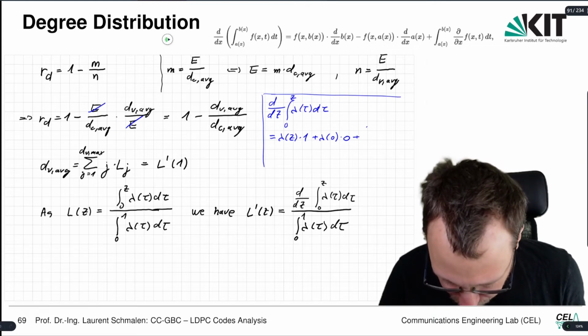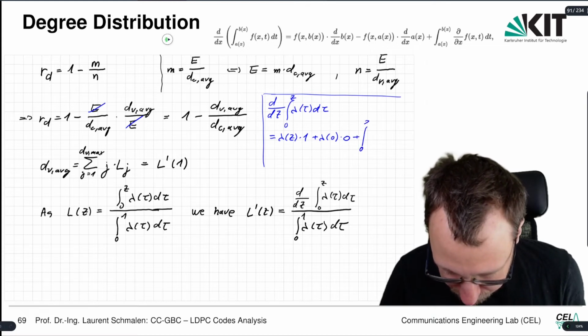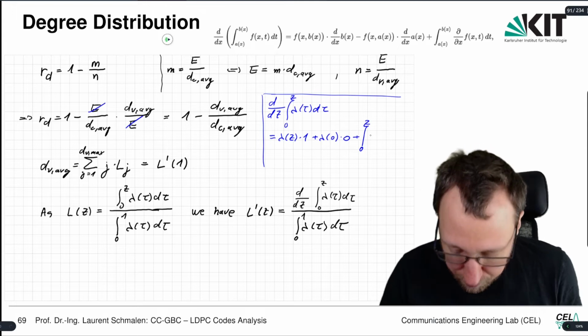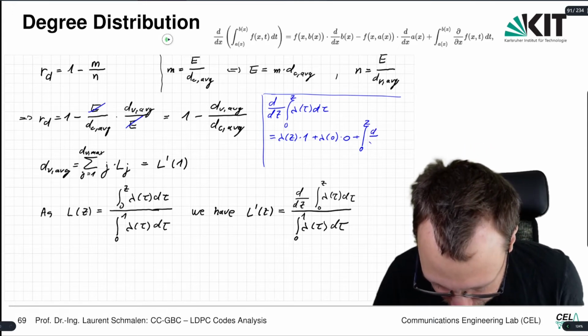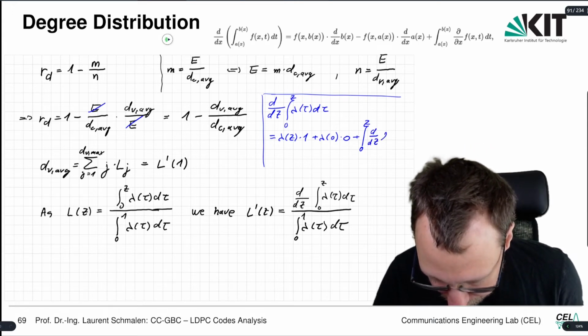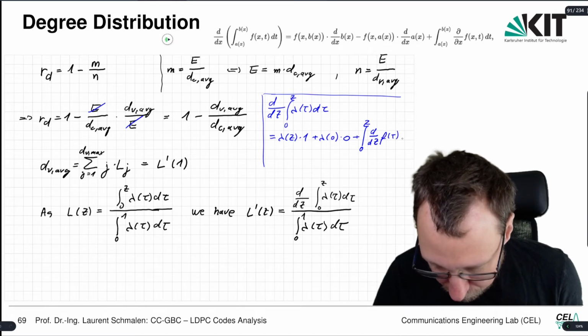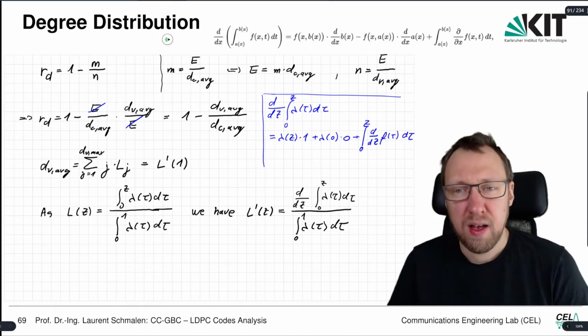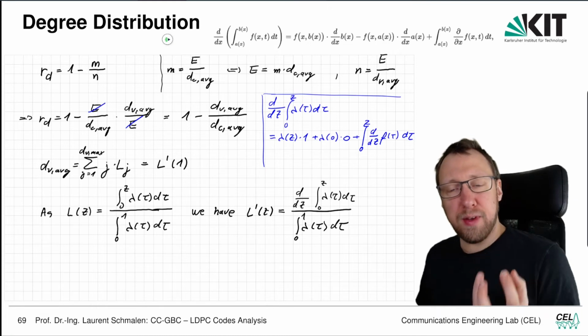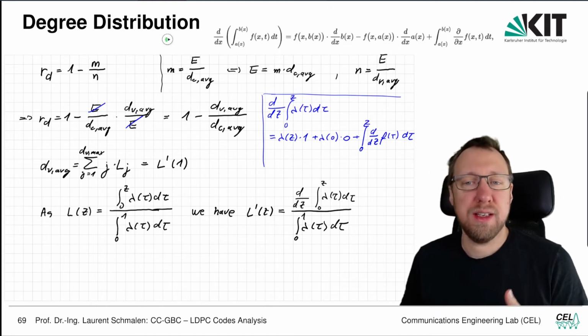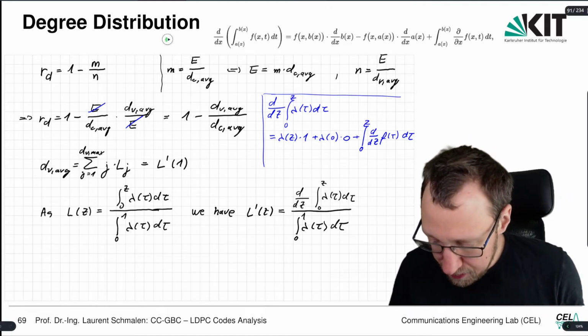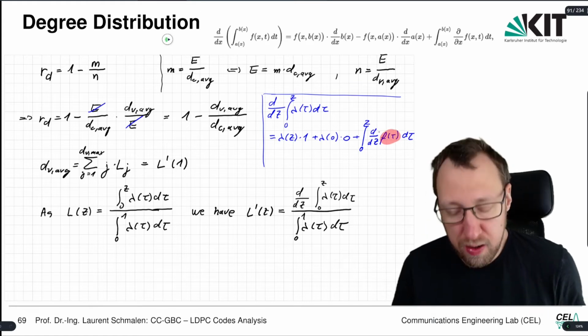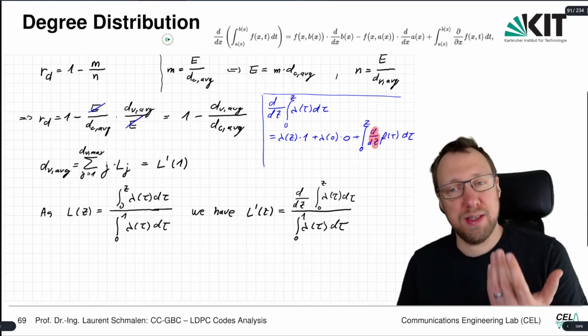Plus the integral from 0 to z of the derivative of f of tau d tau. So now the function f of tau doesn't depend on z. This is a function that depends on tau, but we take the derivative with respect to z.